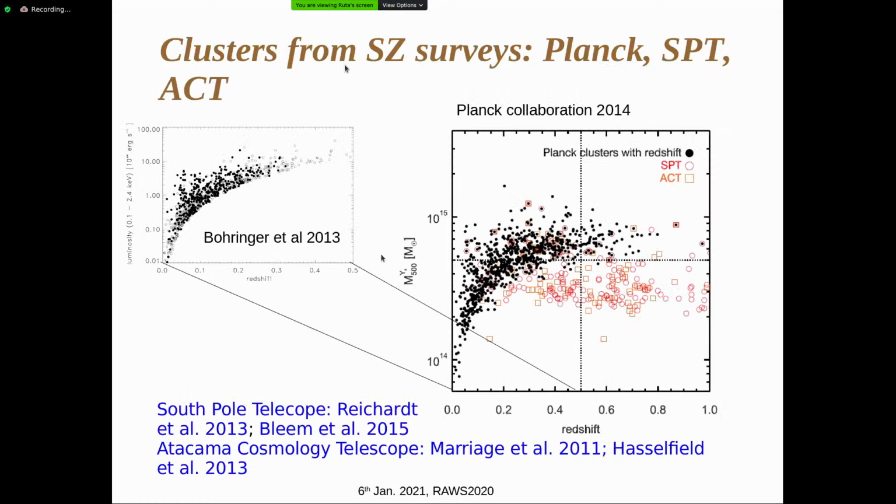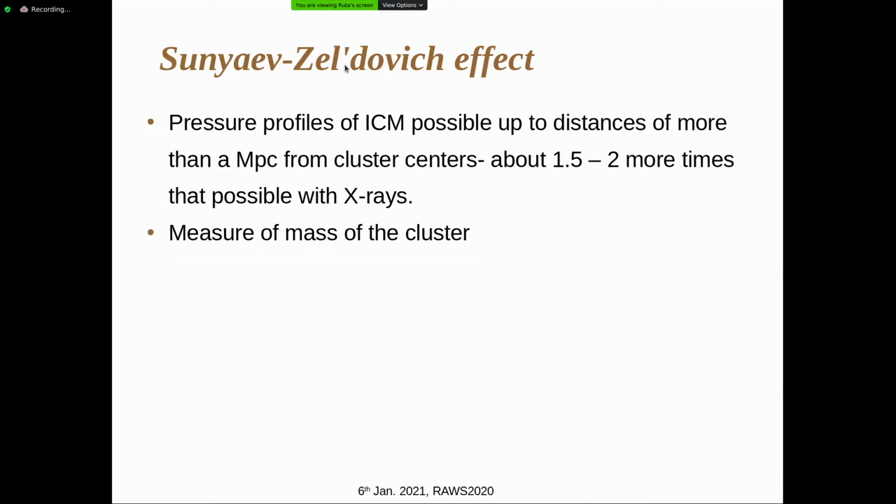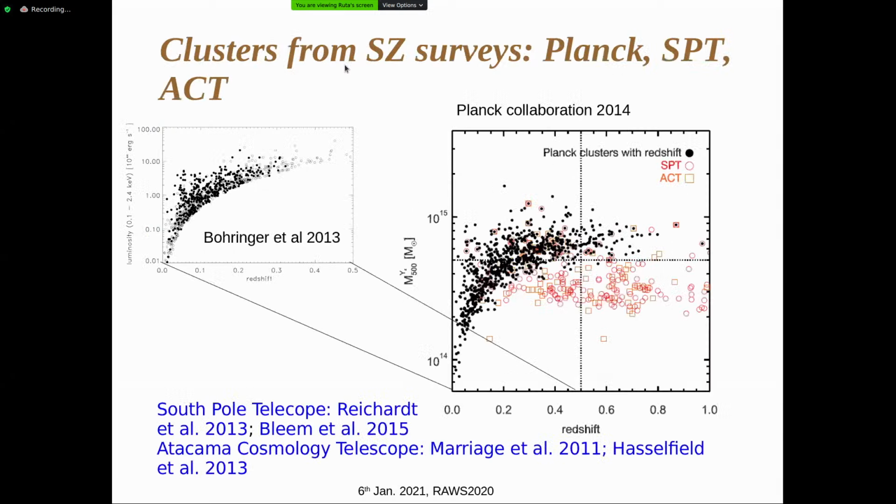To give you an idea of how much the picture has changed: until the 80s, people were still detecting the Sunyaev-Zeldovich effect, and with the advent of the Planck satellite, there is an all-sky measurement of the Sunyaev-Zeldovich effect, and one detected many new clusters.